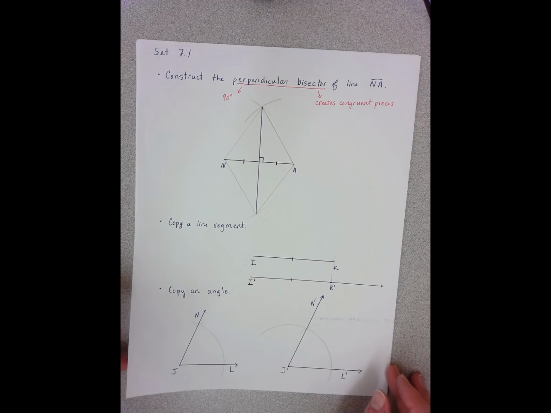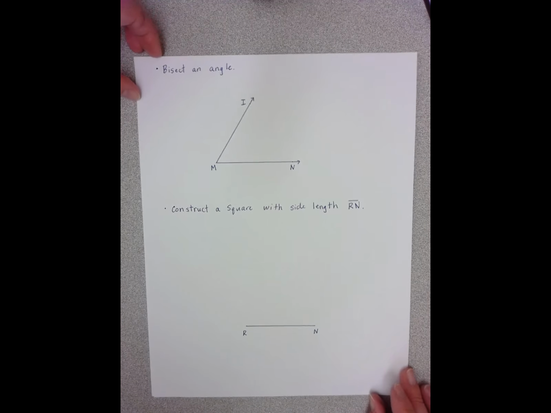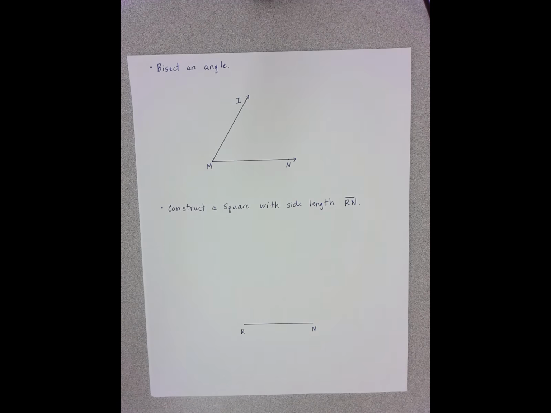My next step is to bisect an angle. Bisecting an angle in a lot of ways involves constructing a rhombus again. This time, though, I'm not given a diagonal. I'm given, similar to what I was given in the notes for the construction introduction, an angle.